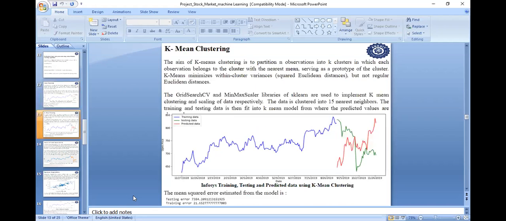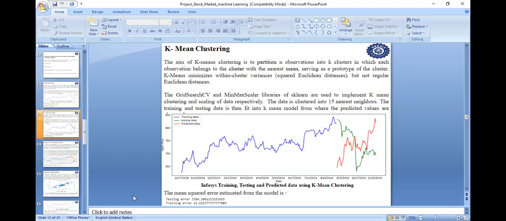K-means clustering. The aim of k-means clustering is to partition n observations into k clusters in which each observation belongs to the cluster with the nearest mean, serving as a prototype of the cluster. K-means minimizes within-cluster variances, like Euclidean distances, not regular Euclidean distances.